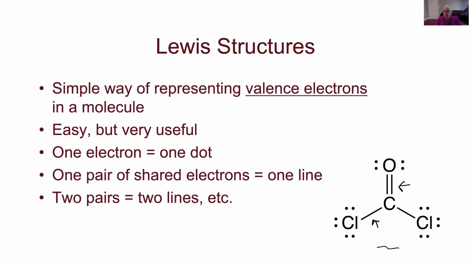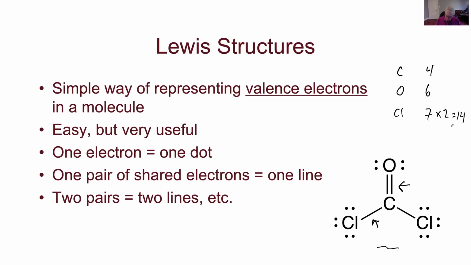To count the valence electrons, really, you just count how many come from each atom. So if I was drawing the one that's down there, the carbon would come with 4 valence electrons because it ends in s2p2. The oxygen would come with 6 valence electrons, and each chlorine would come with 7. And I have 2 of those, right? So that's 14.